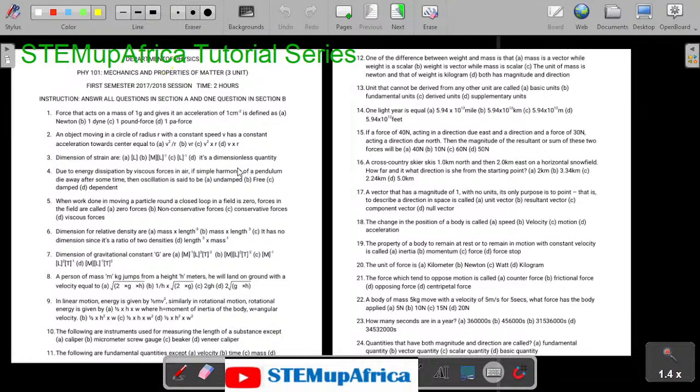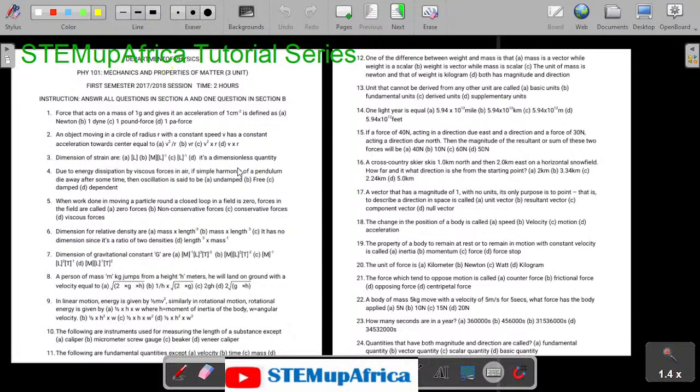We have the basic SI units, which are mass in kilogram, length in meters, and time in seconds, also known as the fundamental units in physics. There is also CGS, which is centimeter, grams, and seconds. This question falls under CGS.